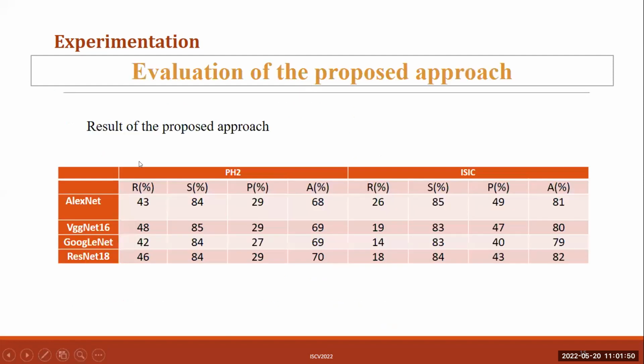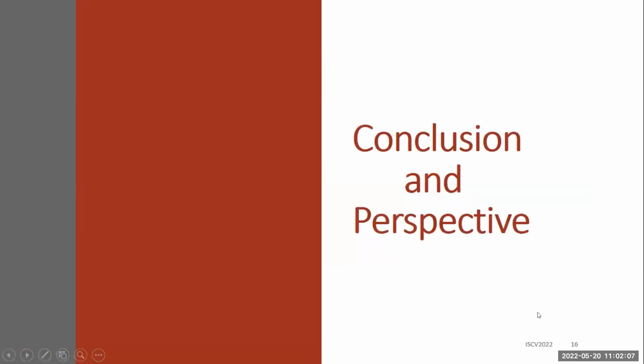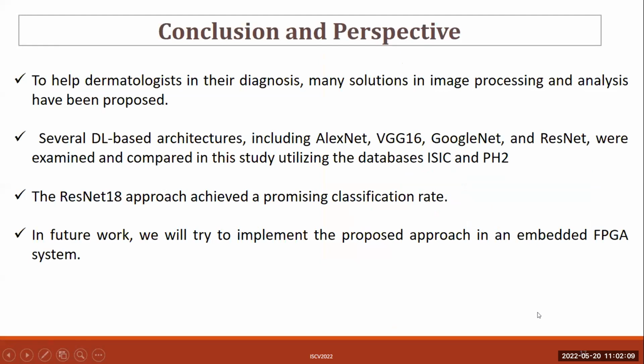So for the results, we can see that ResNet got a higher score in the PH2 database and also for the ISIC dataset. As a conclusion, to help dermatologists in their diagnosis, many solutions in image processing and analysis have been proposed.